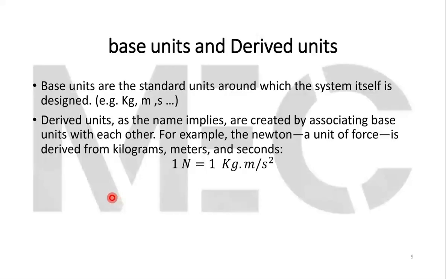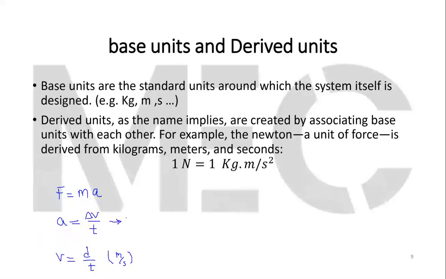How? Based on this formula, because we know that force is equal to mass times acceleration. Acceleration is equal to change in velocity over time, and velocity is equal to distance over time. Therefore, the unit of velocity is meter per second. So applying here, going back one step, meter per second divided by second.